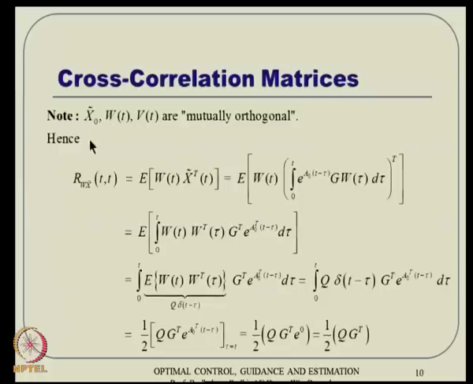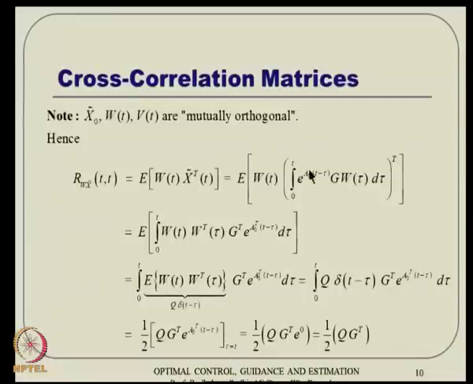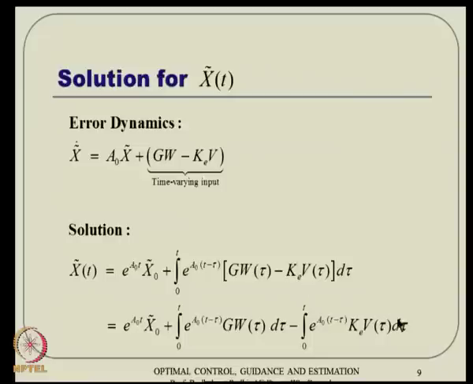So, we go back and substitute for that quantity, R of w x tilde. By definition, this is the expected value of w times x tilde transpose. Now we have an expression for x tilde, so we put it back there. Because of mutual orthogonality relationships, everything else will go: v and x tilde dot will go as long as it is multiplied with w.